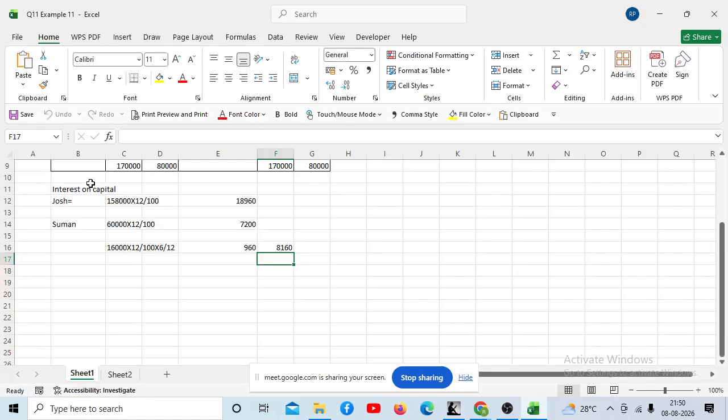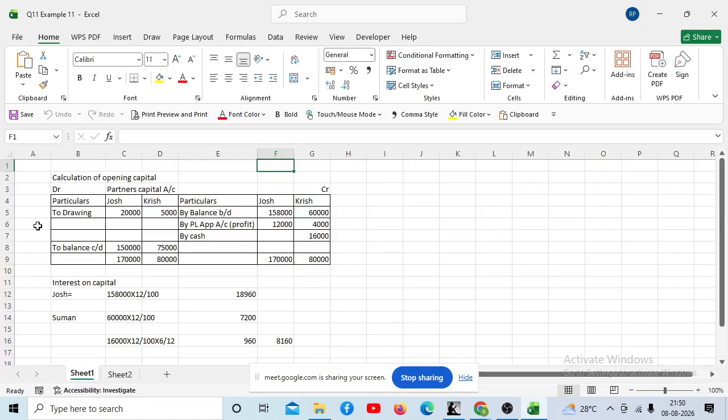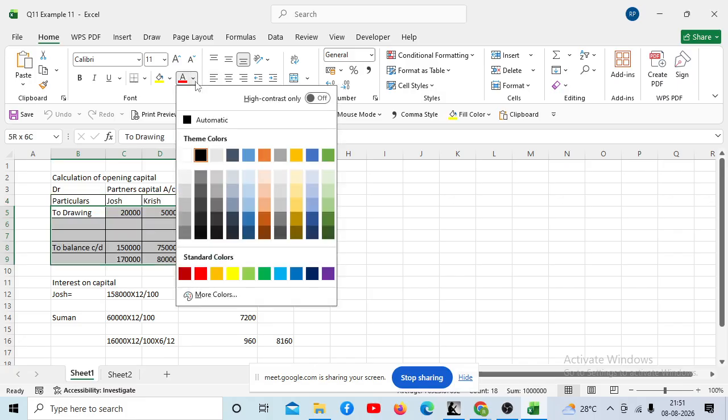Okay, just draw the columns in the same format. Your school has started? 31st.